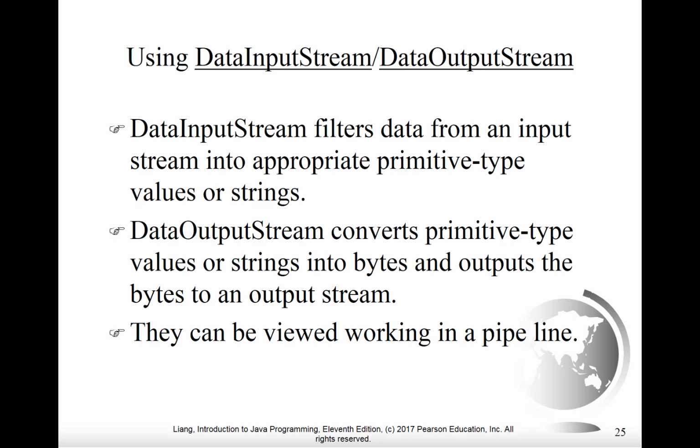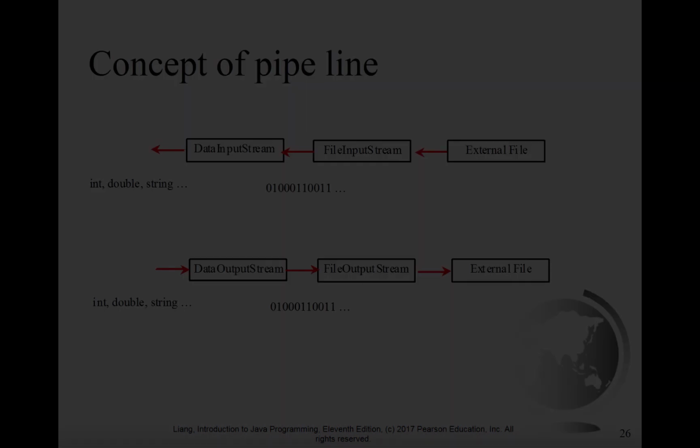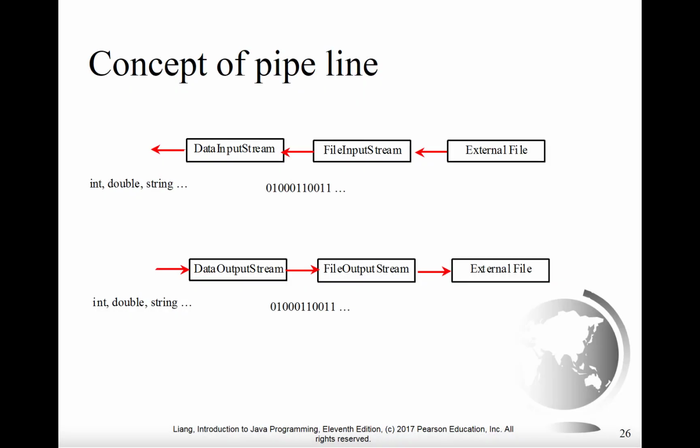Both the data input stream and data output stream can be viewed as working in what's known as a pipeline. This is captured in the next slide in a diagram. So here we have the pipelines that are used by data input stream and data output stream. In the top diagram, working our way from right to left, we start with an external file, which is basically now a raw collection of bytes.